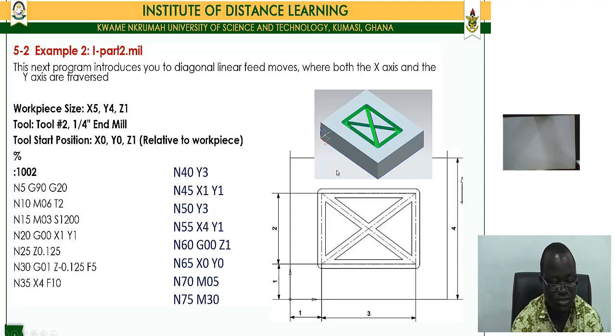In this case we are using a very similar workpiece size, x4, x5, y4, and z1 as the basic dimensions. And then we have a new tool T2, which is a different size, a 1/4 inch end mill. And the tool start position is x0, y0, z1.